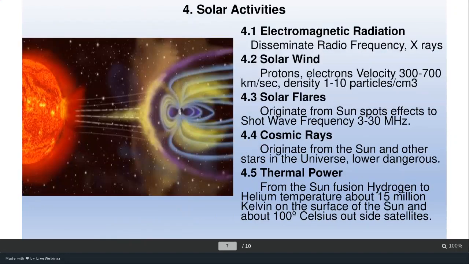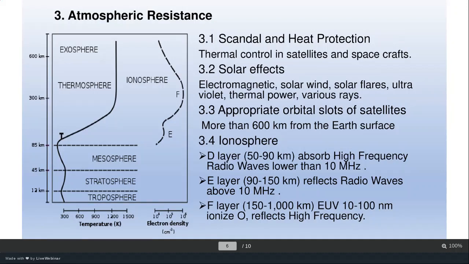The next is the sixth slide, number 3, atmospheric resistance. In this slide, I have four topics to talk about. 3.1 is scandal and heat protection. As we have seen, the Earth atmosphere is composed of the troposphere, stratosphere, mesosphere, thermosphere and exosphere. In 3.1, thermal control of the satellite and spacecraft is affected by Earth atmosphere resistance.